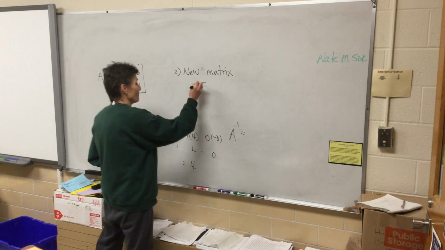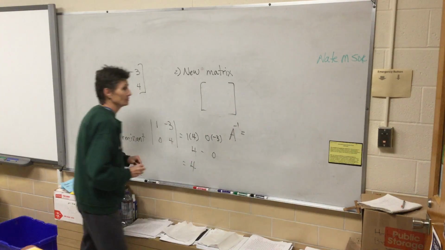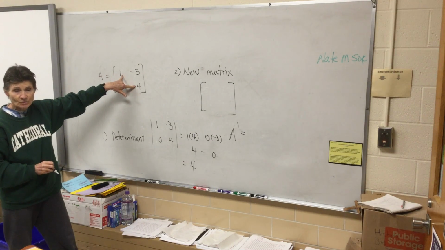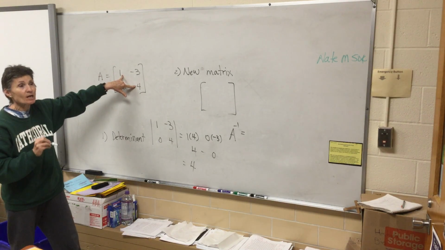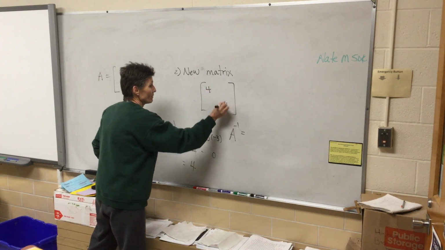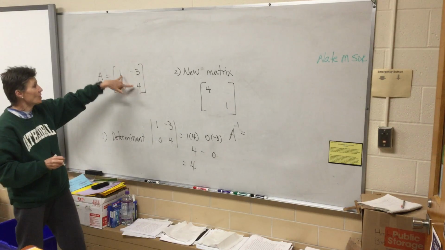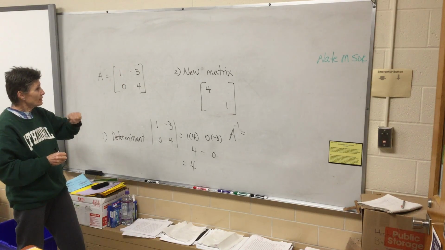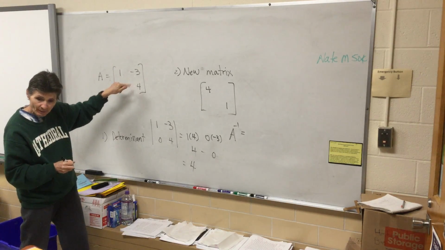Now we're going to build our new matrix. Now remember how we do that. Look where my fingers are, and those switch. So you're going to put the 4 here and the 1 here. These numbers switch. Now, what happens to these other two?